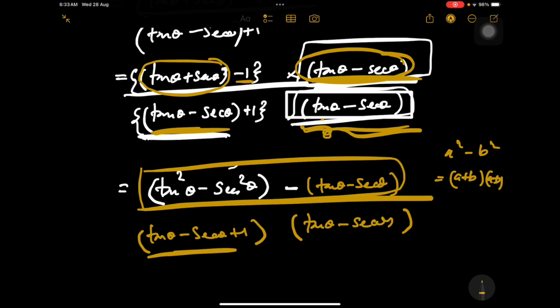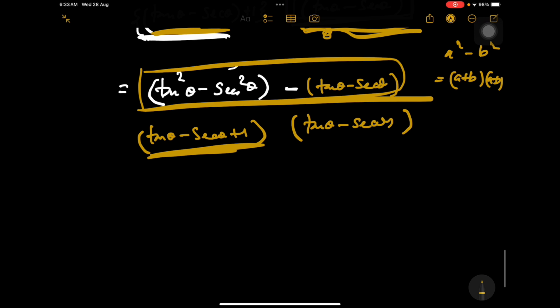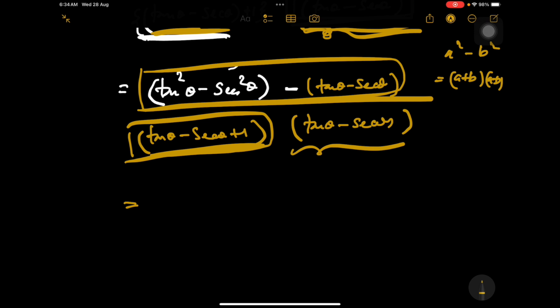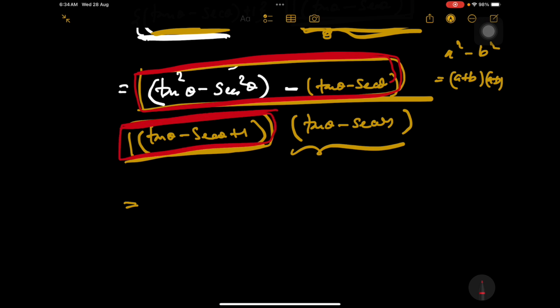Let's see if this one is going or not, because if this one goes, our work is simple. What I'm saying is, if I simplify this and get -1 on the top, then minus of this will go the other way around and the answer is coming. So let's simplify on the top.